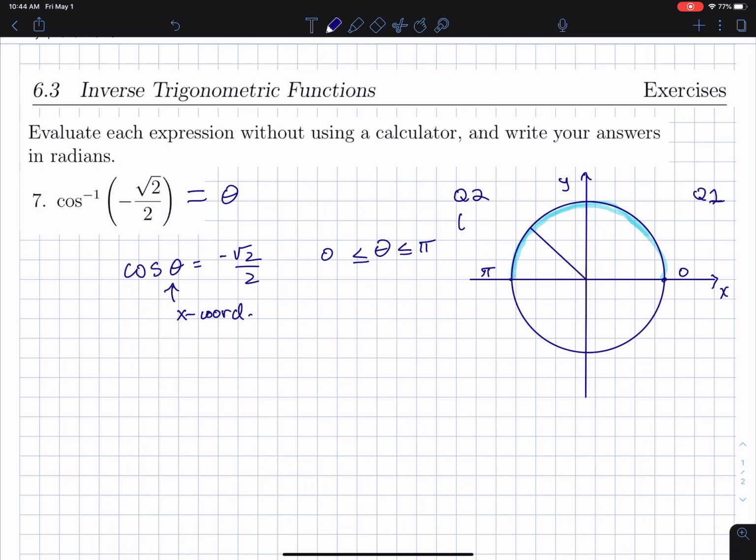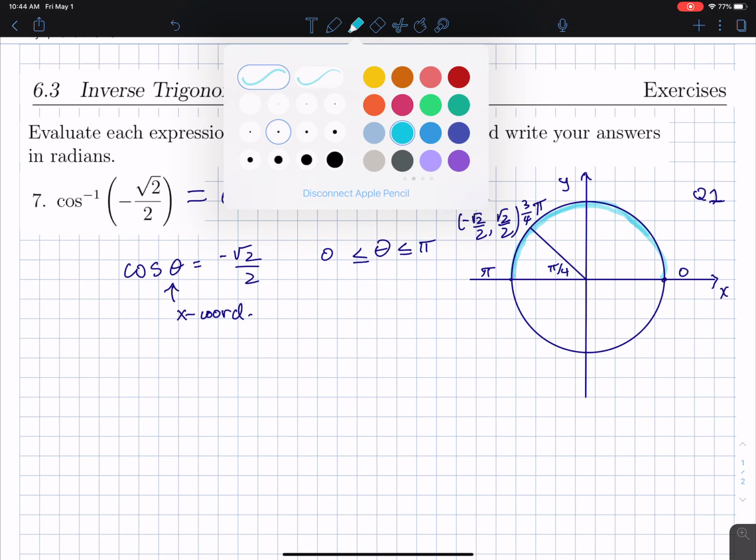So if we remember that when x is negative rad 2 over 2, y is rad 2 over 2, that corresponds to our reference angle of pi over 4. And if I take pi and subtract 1/4, I'll get 3/4 pi. That's therefore going to give us our answer.